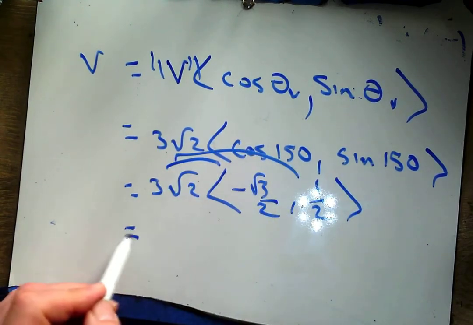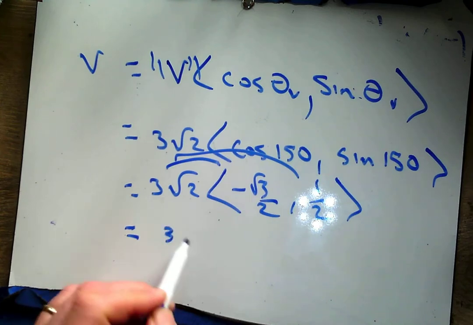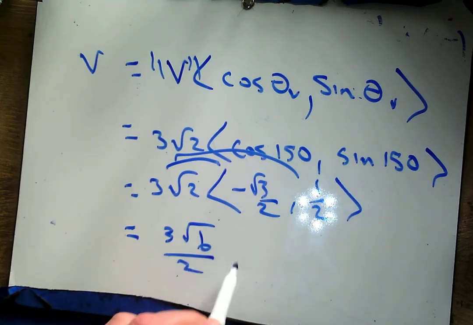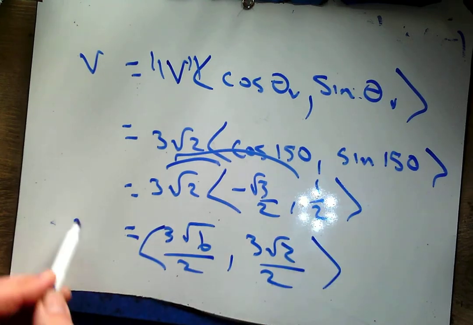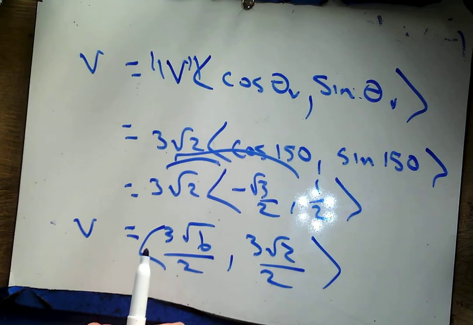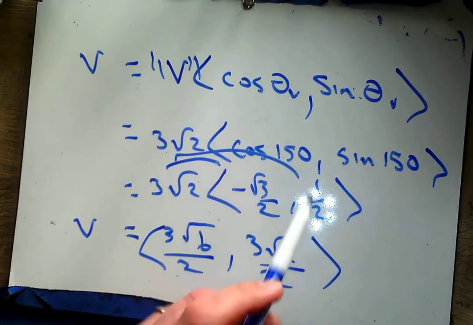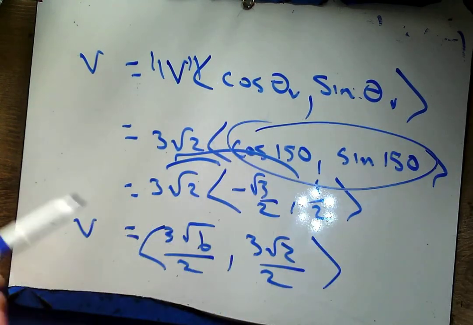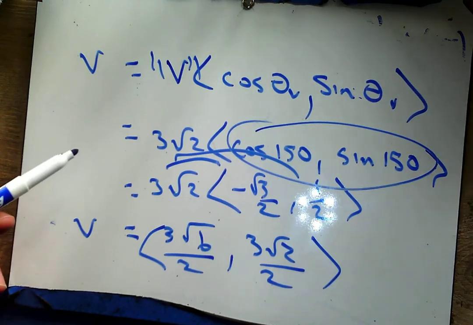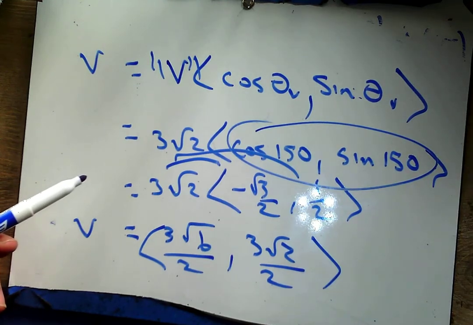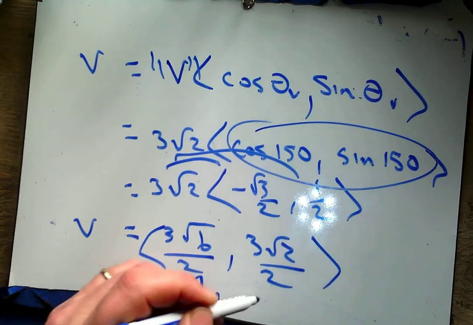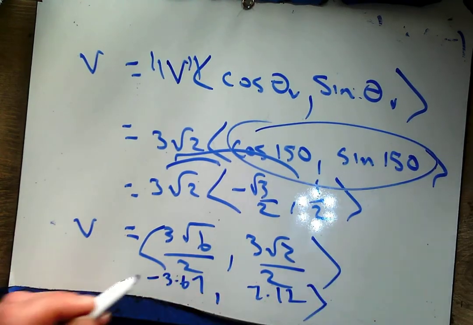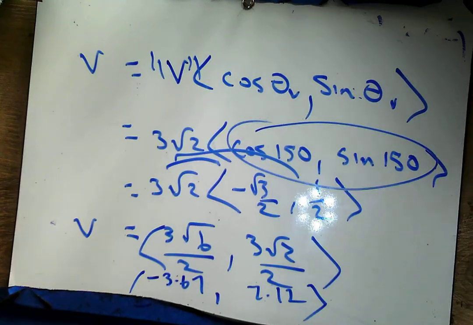We just have to do some distributing here. Minus 3 root 6 over 2, comma, 3 root 2 over 2. And there's my v. Okay? That's v in the direction of 150 with a given magnitude. And our magnitude in this problem was that 3 root 2. You can certainly decimalize this, negative 3.67, comma 2.12. Okay, there's station 10 complete.